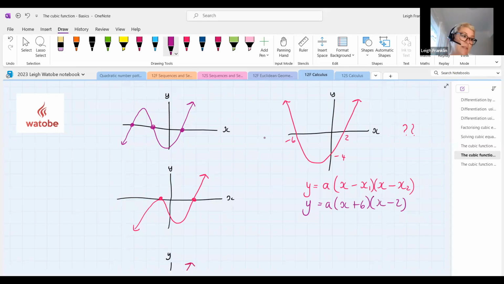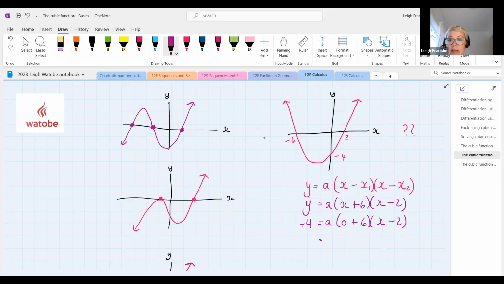Often it's the y-intercept, but it doesn't have to be. It can be any point that lies on the line. And then we subbed in our y and our x in order to work out what our a value was. So we put in the -4 over here, and x is 0 and y is -4. So here we've got 0 plus 6, and here we've got x minus 2, and then we would work out what the coefficient of a was.